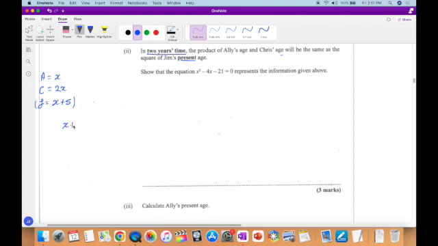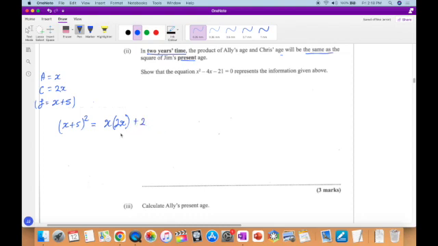So X plus 5, the square of Jim's present age will be the same, so it's equal to the product of Ali's age and Chris's age, right? But then we have in 2 years' time, so do we add 2?